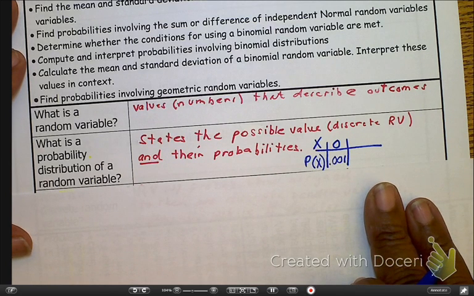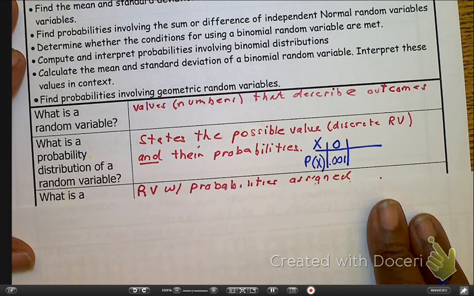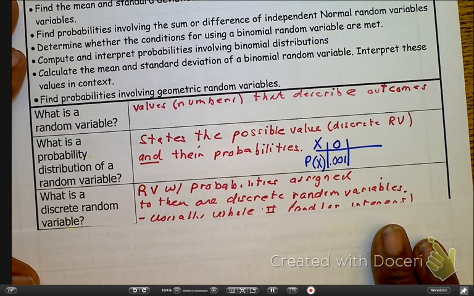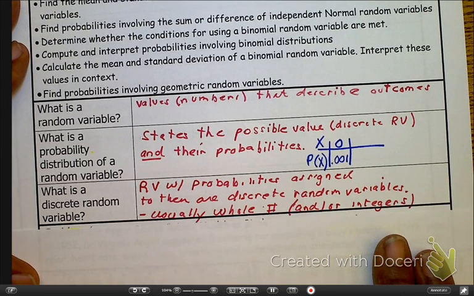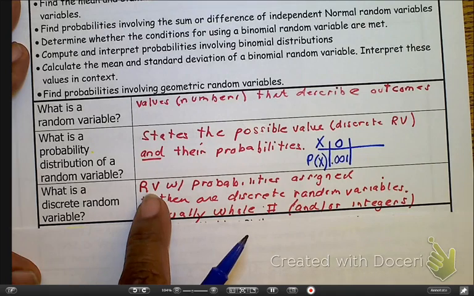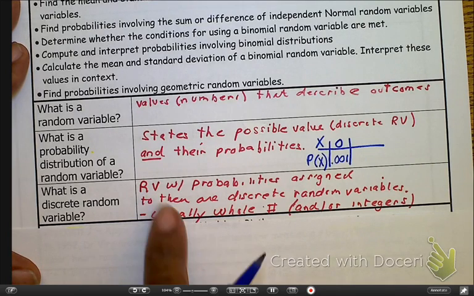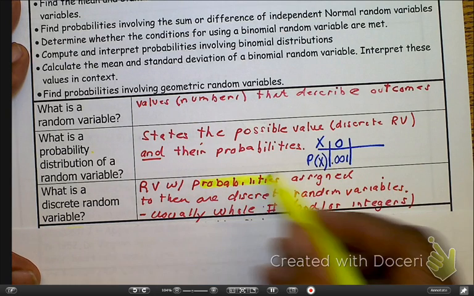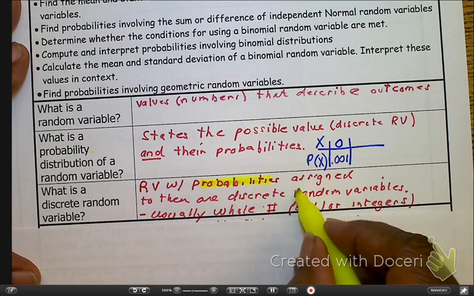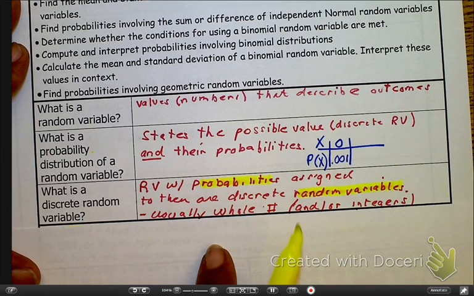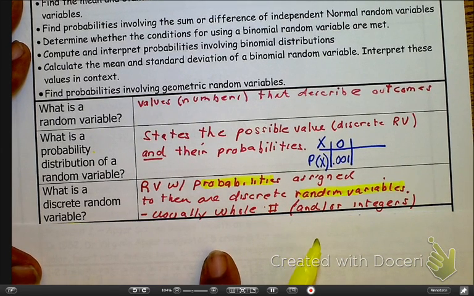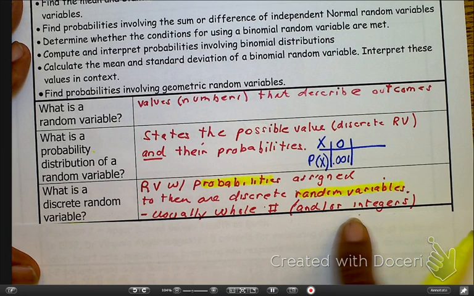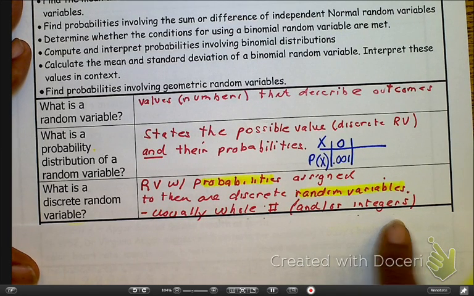Let's continue with the statistics. We talked about what a random variable is. Let's talk about one that's a little bit more specific: a discrete random variable. It's a special type of random variable in which the probability goes with a random variable. Now, when it comes to this, they're usually whole numbers or integers that represent it.